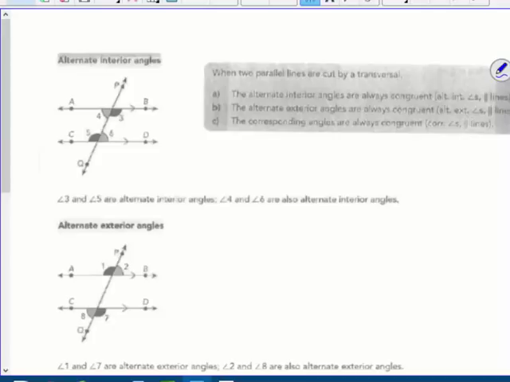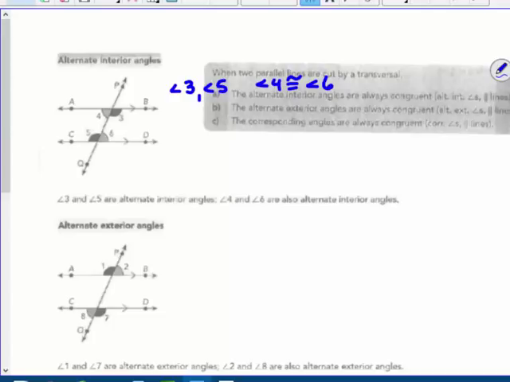Alternate interior angles. When two parallel lines are cut by a transversal, the alternate interior angles are always congruent. So in this picture, angle 3 and angle 5 are alternate interior and they are congruent to each other. Angle 6 and angle 4 are also alternate interior, so they are congruent. You can use that symbol.